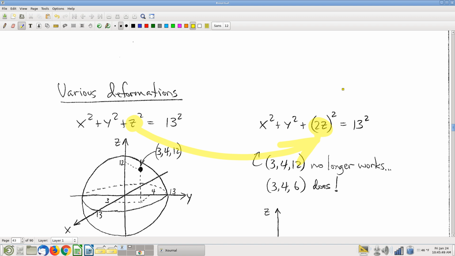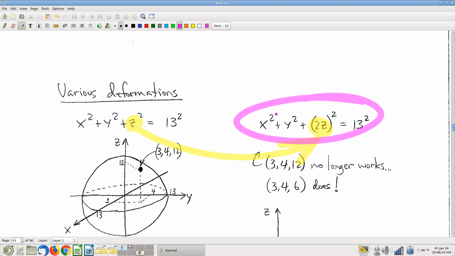Just everywhere you see a z, put a 2z. Well, I get a new equation. This new equation, of course, is a different equation, so of course it represents a different surface. What surface? When you edit the algebra in this way, what does that do to the geometry? The question I'm posing.